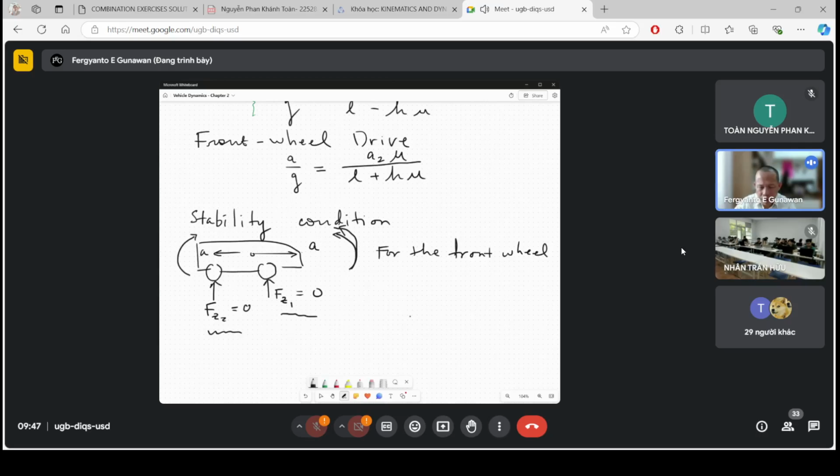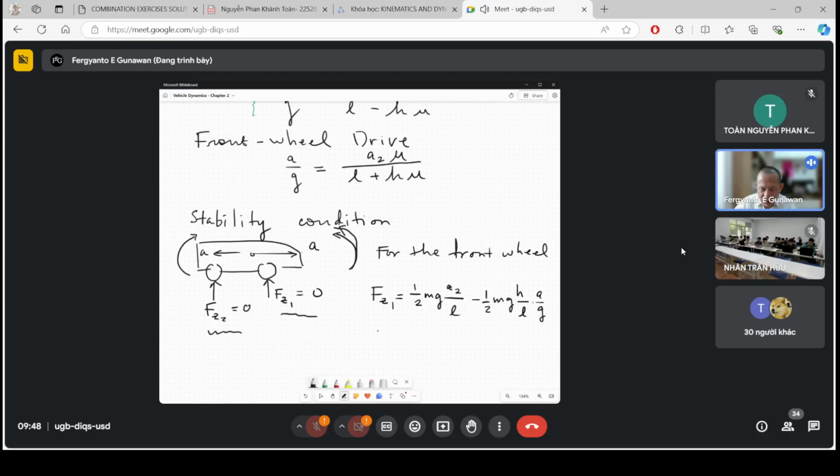For the front wheel, we have fz1 equal half of the weight multiplied by a2 divided by l, minus mg h divided by l multiplied by a and g.